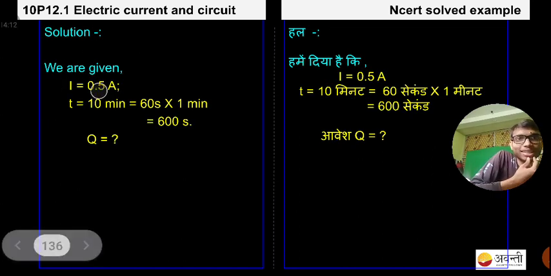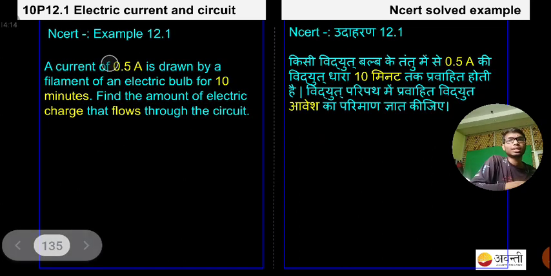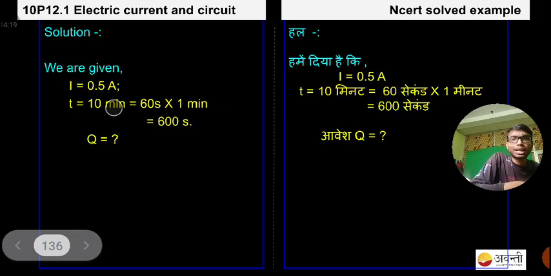Here we are given the electric current, 0.5 ampere, and the time, 10 minutes. So we can convert this into seconds. 1 minute is 60 seconds, so 10 multiplied by 60 would be 600 seconds.